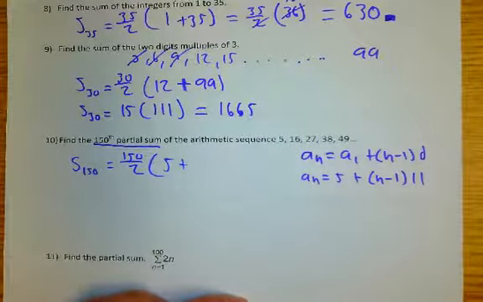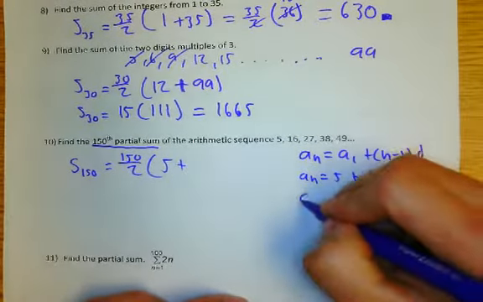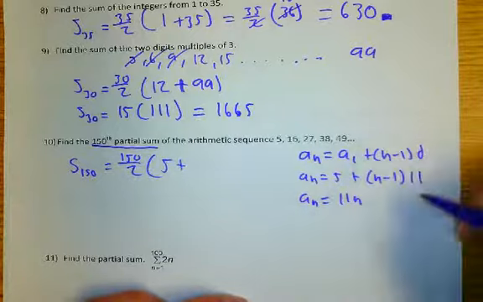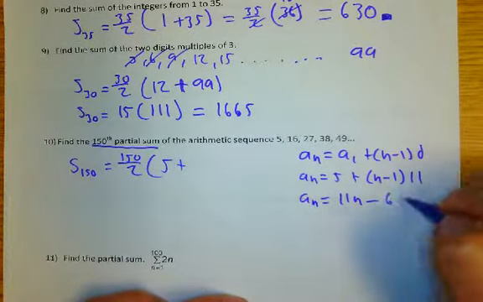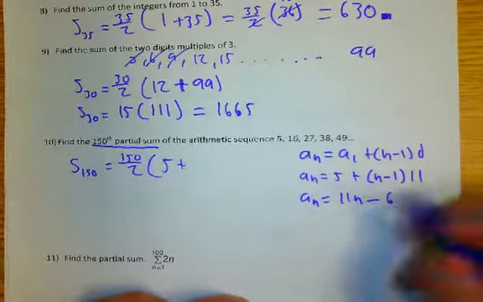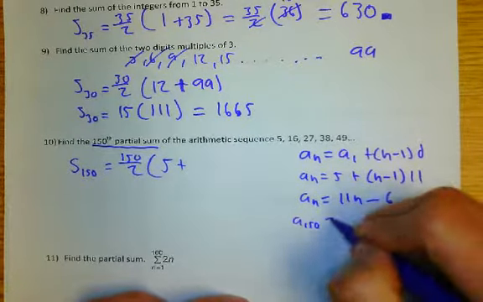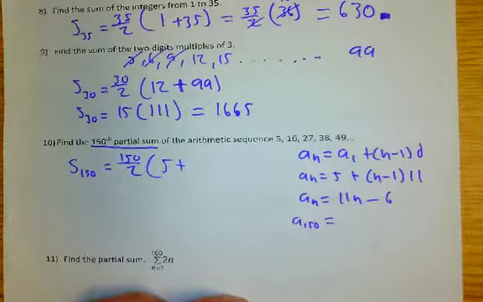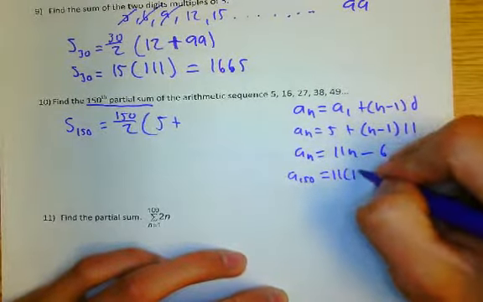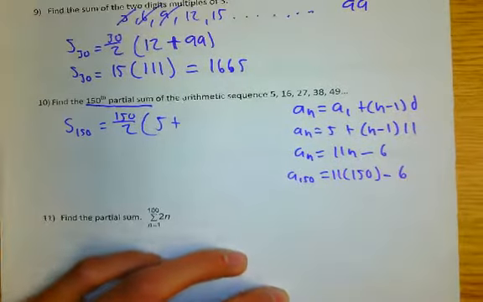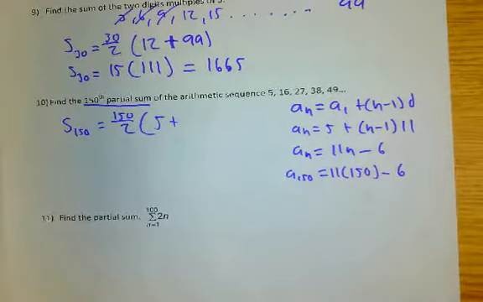You're going to plug in 150. So 11 times 150 minus 6. What is it? 1655? Oh, minus 6.